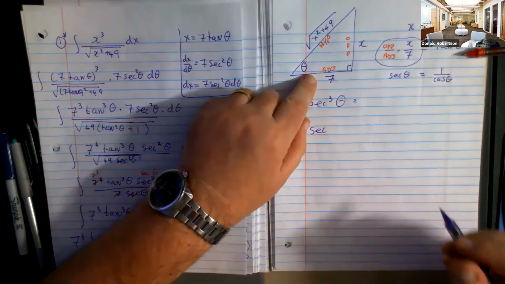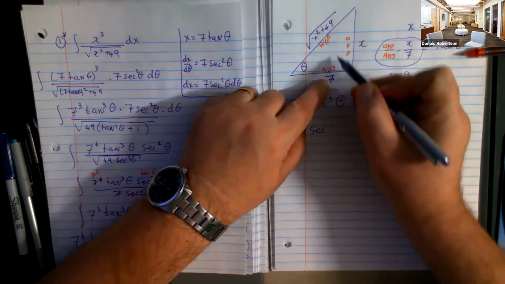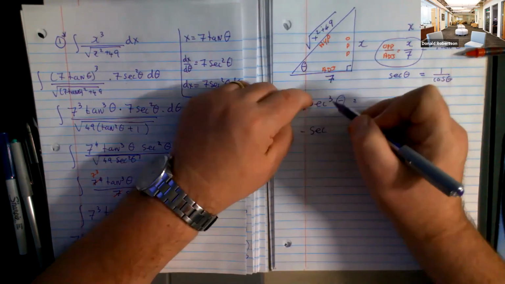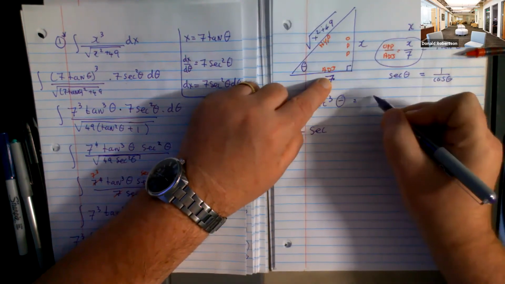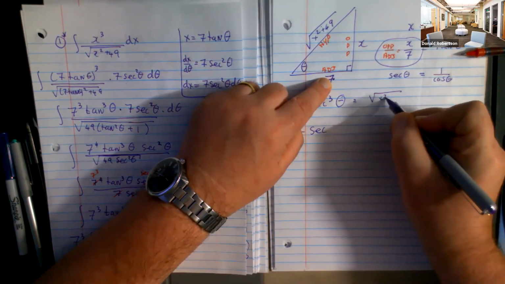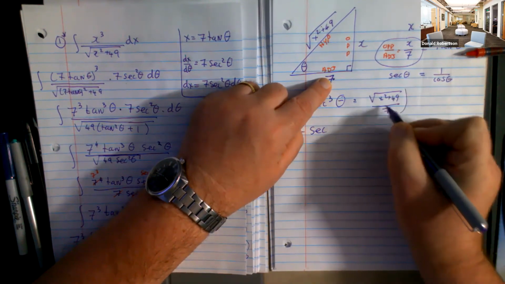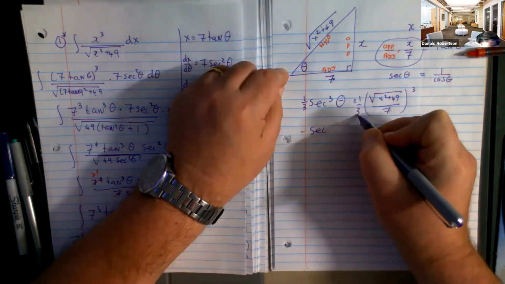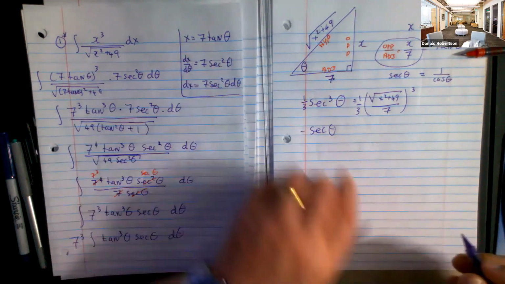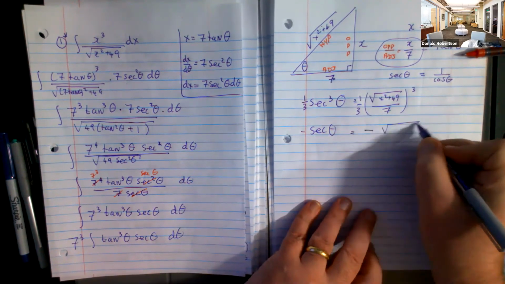So if you want to do the cosine, it's adjacent over hypotenuse, 7 over this guy. So secant is, instead of 7 on the top and this on the bottom, you switch them round. And you cube them. And you stick a 1/3 on the front. And for secant on its own, you do a negative of just one of them.